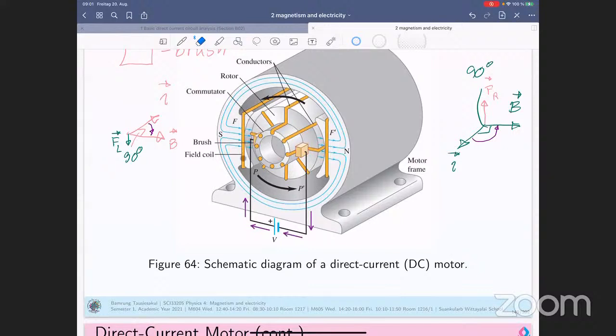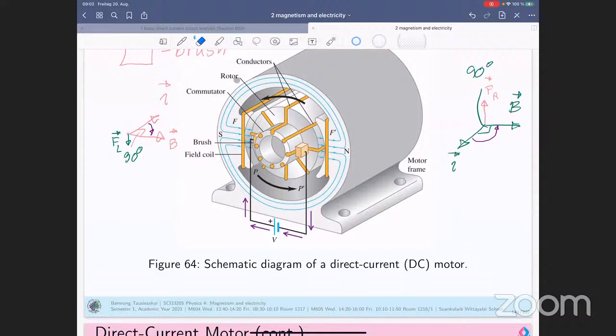This is a fixed position. This coil is located in a fixed position at the stator, or static part of the motor. This one is the frame of the direct current motor, and it doesn't rotate, it just stays constant. And it's called the static part, or simply speaking, in electrical engineering we call it the stator.